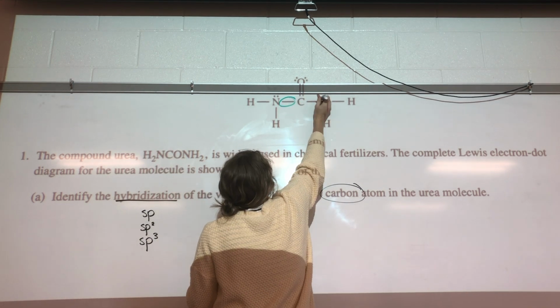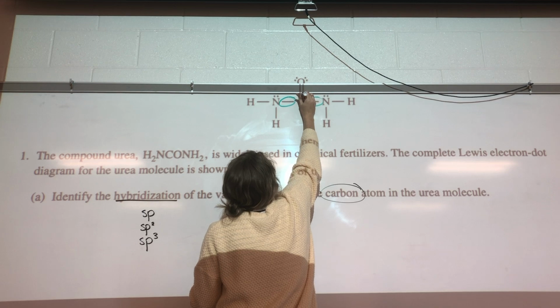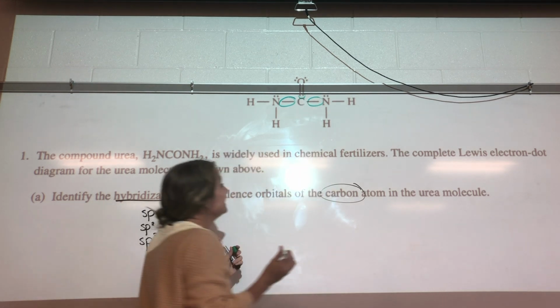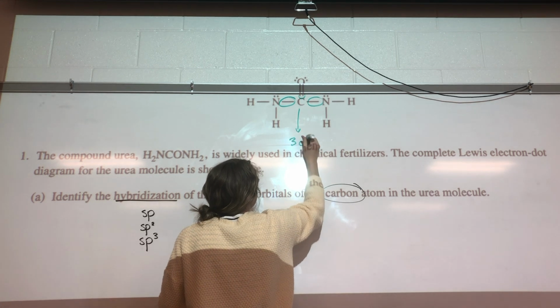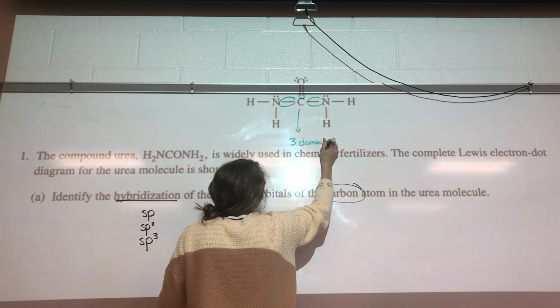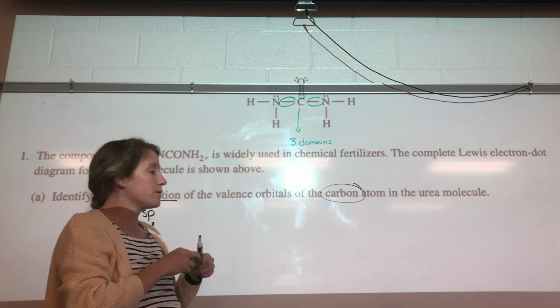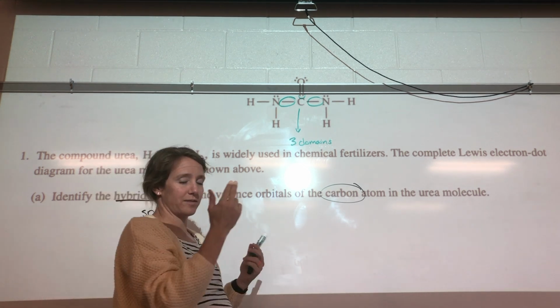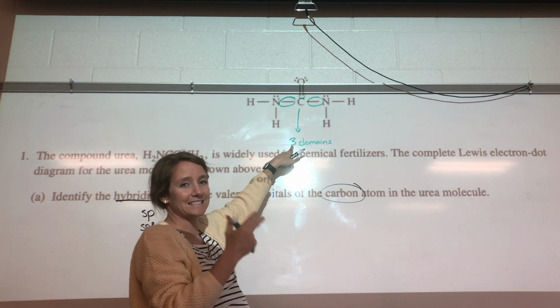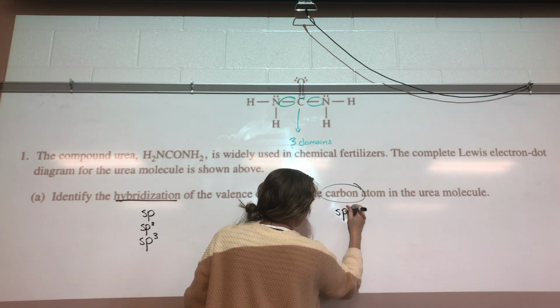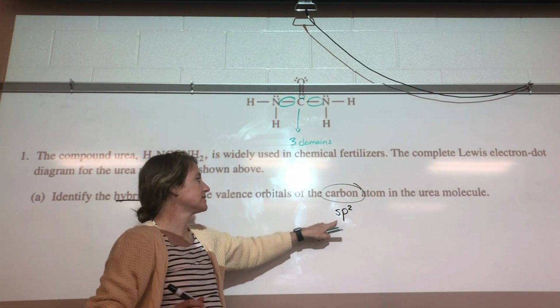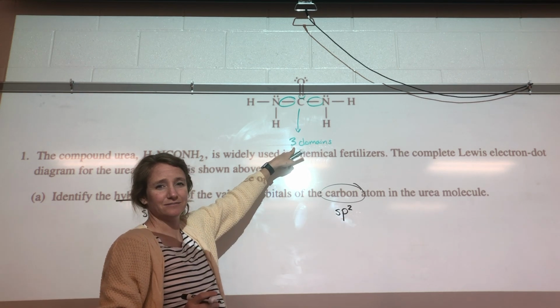It would be 1, 2, and then the double bond counts as only 1 domain. So carbon has 3 domains around it. Think of 3 in that it has to add up to 3 letters. That's why it's 1 S and 2 P's to get to the 3.